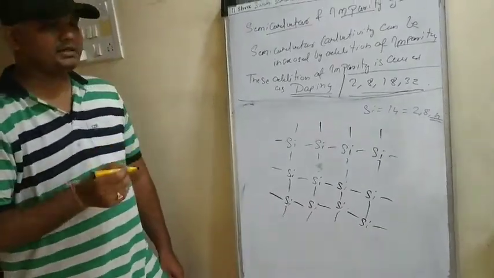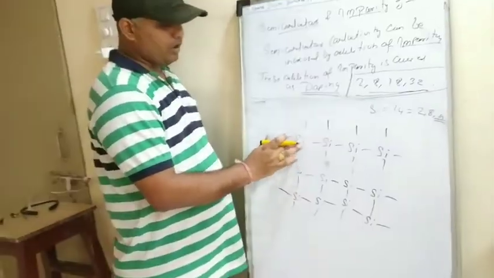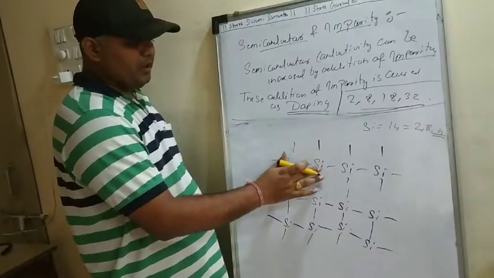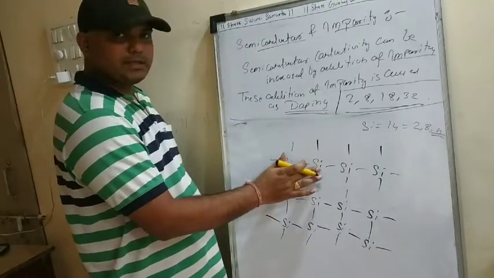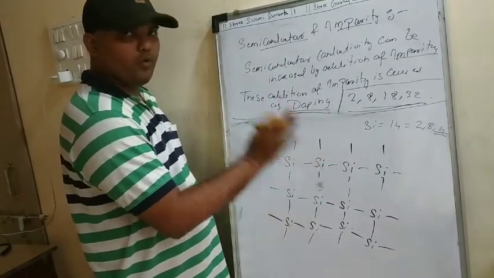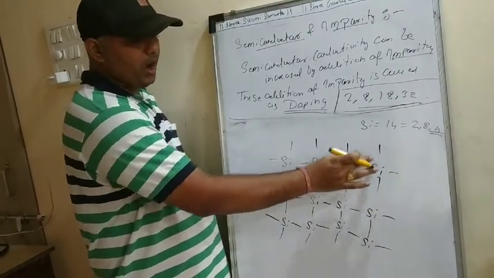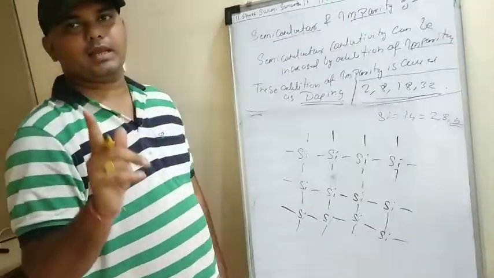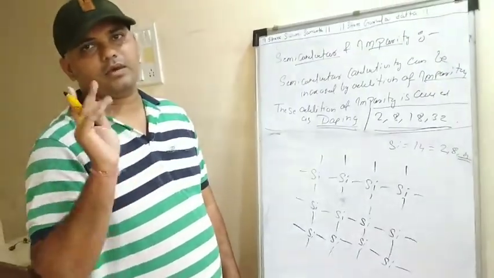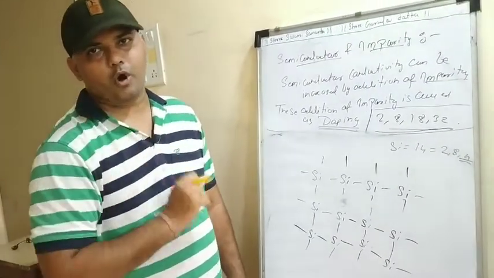I hope that you are understanding. Just look here. One silicon, 1, 2, 3, 4. One more silicon, 1, 2, 3, 4. This silicon, 1, 2, 3, 4. This silicon, 1, 2, 3, 4. So each silicon is forming a valency of 4. It is forming 4 bonds, right?